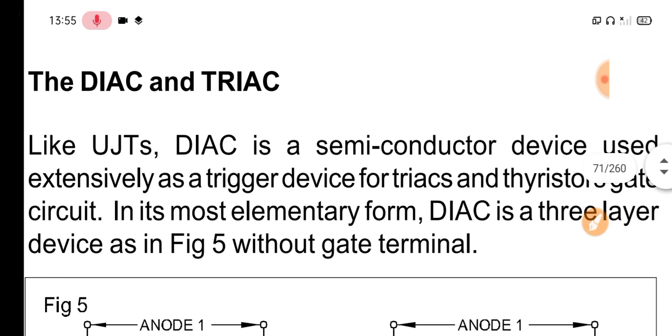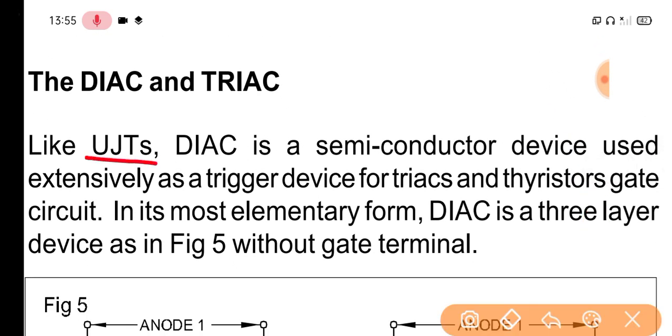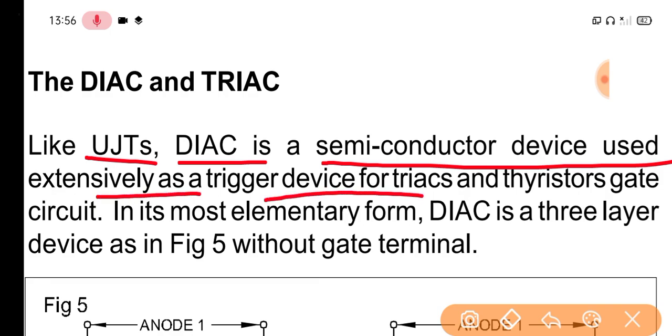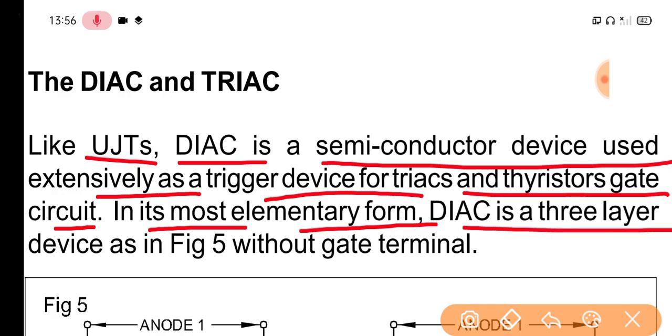Diac and triac. Like UJTs, the diac is a semiconductor device used extensively as a trigger device for triacs and thyristor gate circuits. In its most elementary form, the diac is a three-layer device as in picture 5 without a gate terminal.